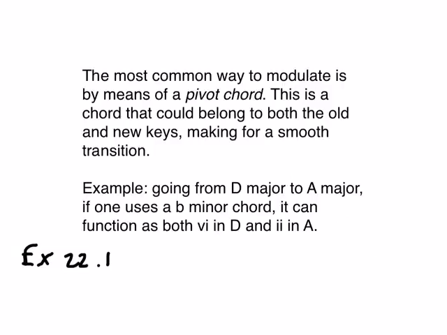If we're going from D major to A major, if one uses a B minor chord, it can function as both a 6 chord in D and a 2 chord in A, because the B minor exists in both of those keys. That's why we call it a pivot chord, or sometimes a common chord modulation.